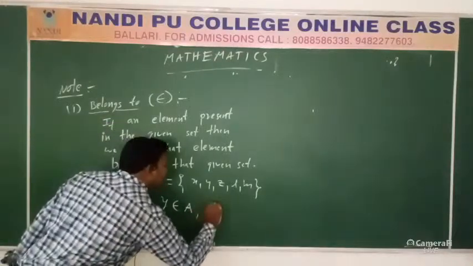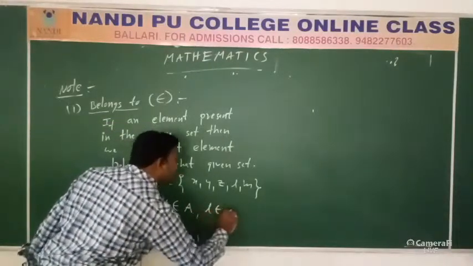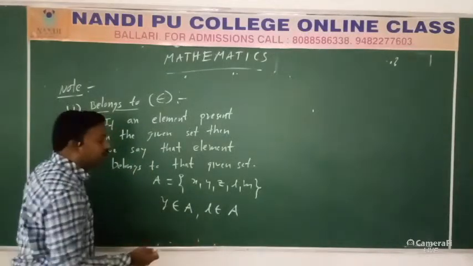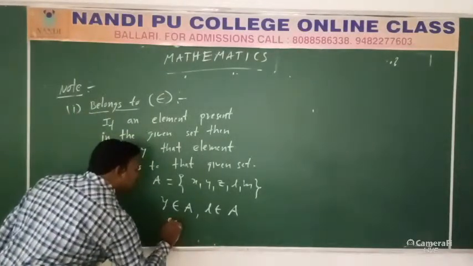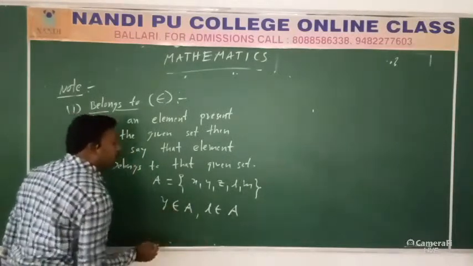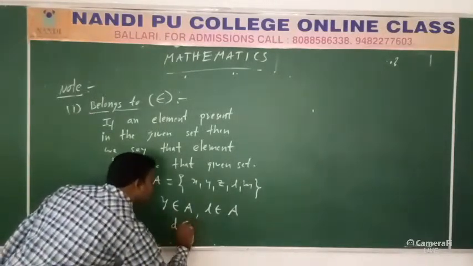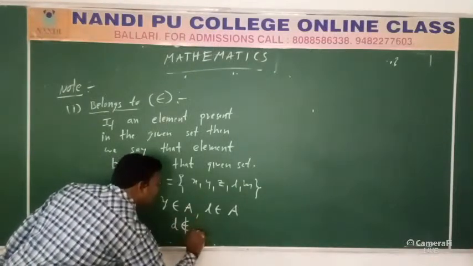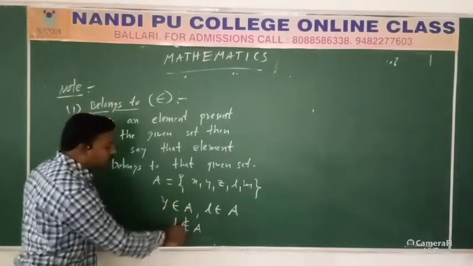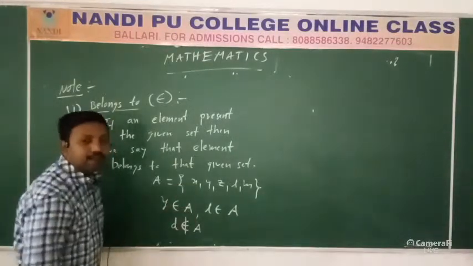Like that, l belongs to this set A. If you take any other element, for example c or d, this does not belong to the set. Does not belong to means you have to strike off the symbol like this.